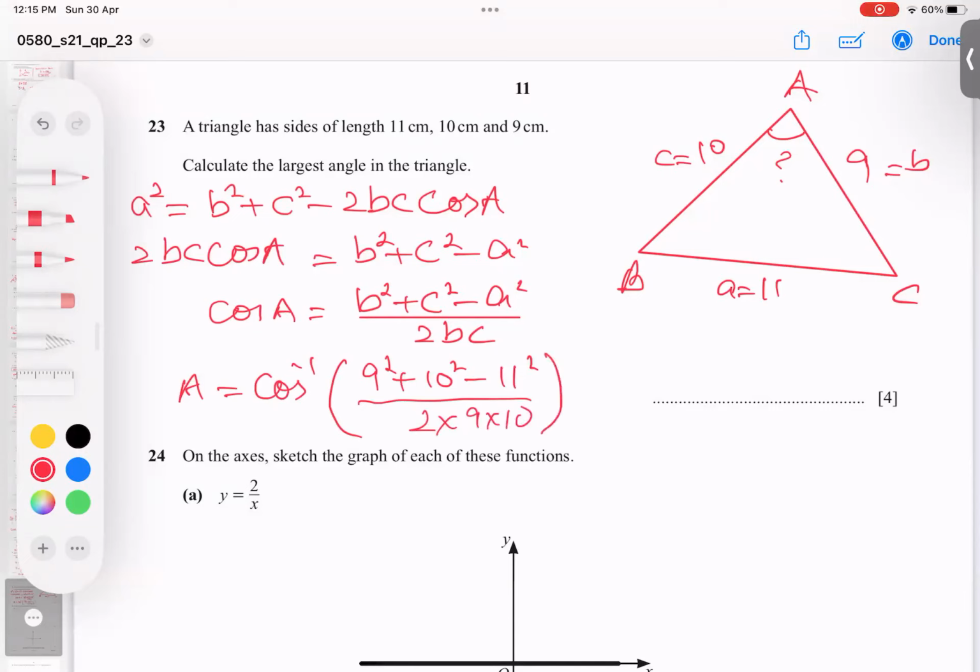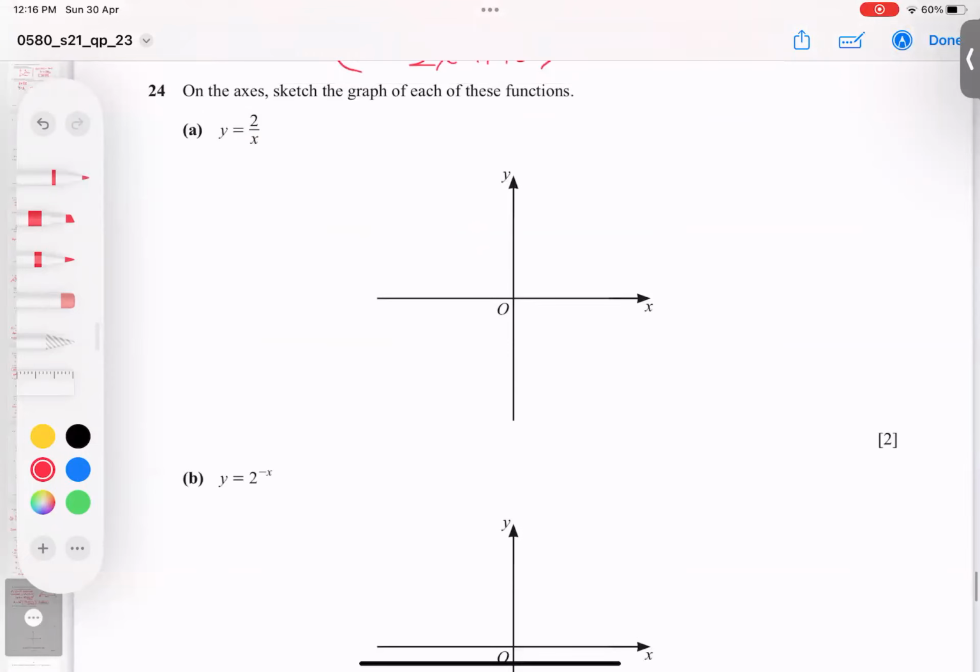When you type in the calculator, the answer for the largest angle A is 70.53 onwards. But we write angle to 1 decimal place. I need this, but I don't want the next digit. It is not bigger than 4, so I will not add. So this is my final answer. And I believe you got the idea.